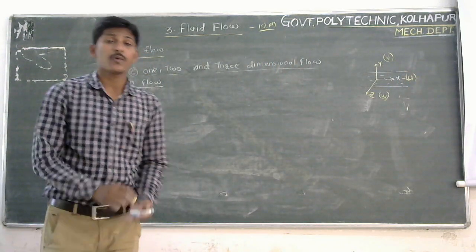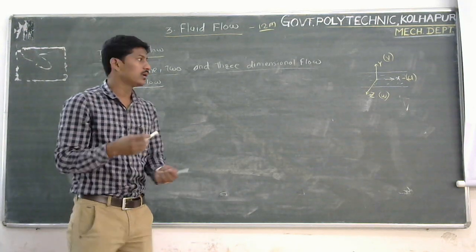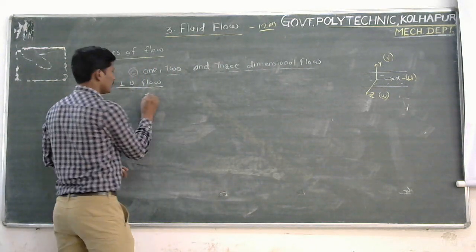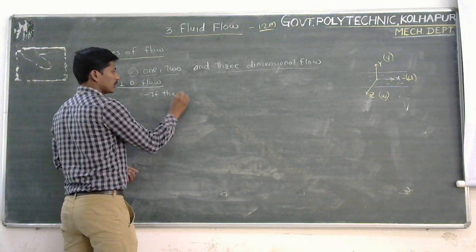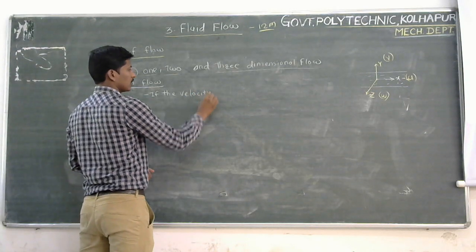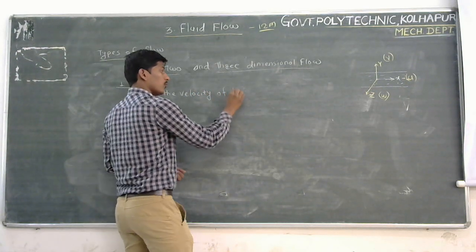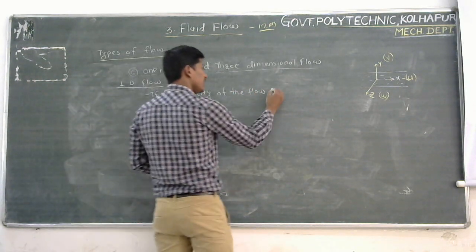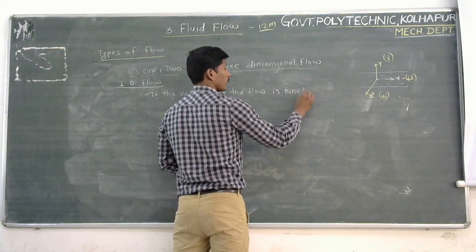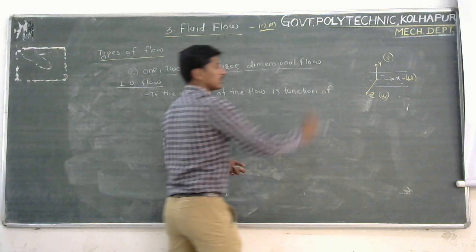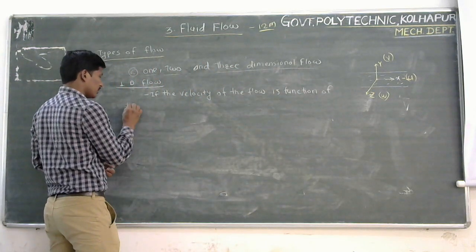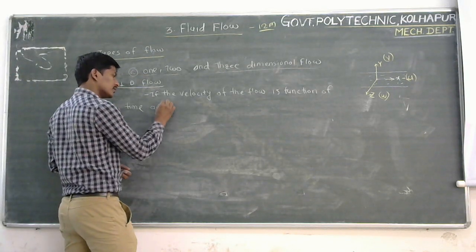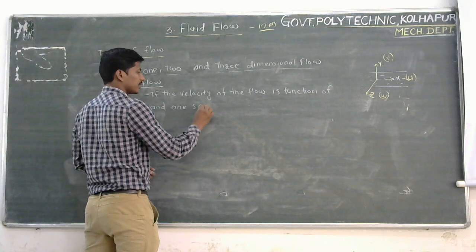So what is one-dimensional flow? It will be one-dimensional flow if the velocity of the flow is a function of time and one space coordinate.